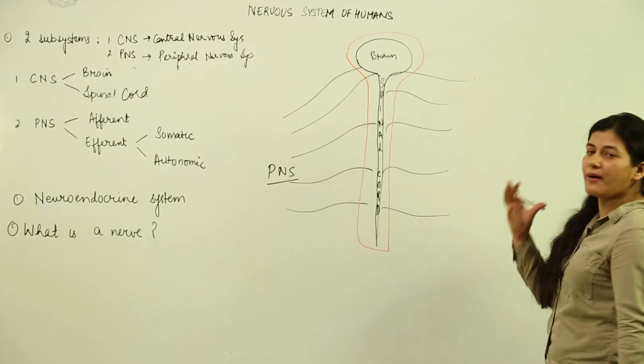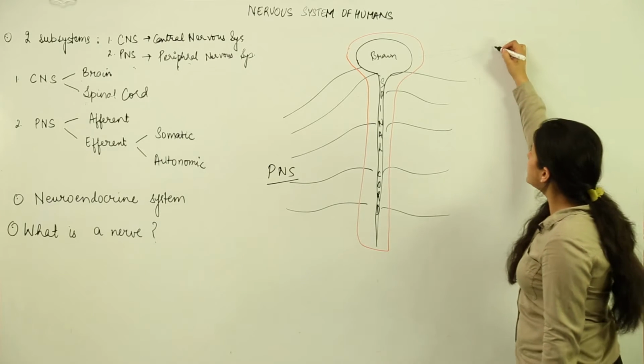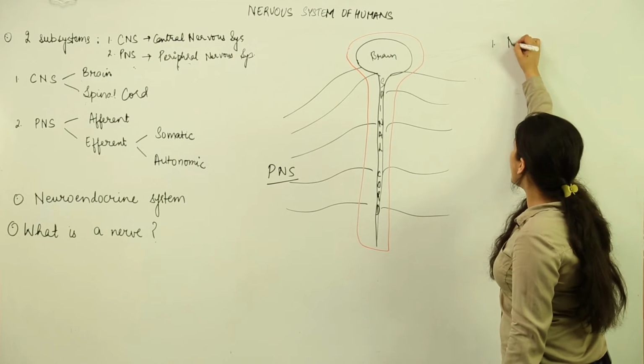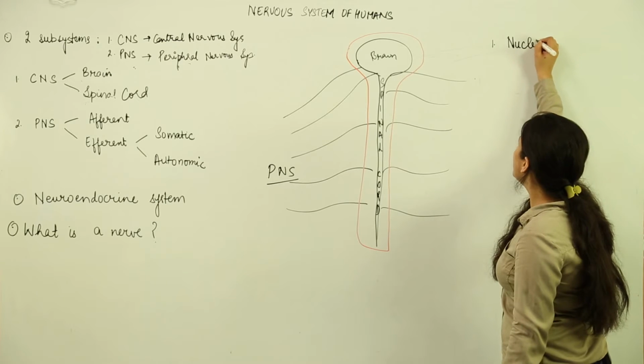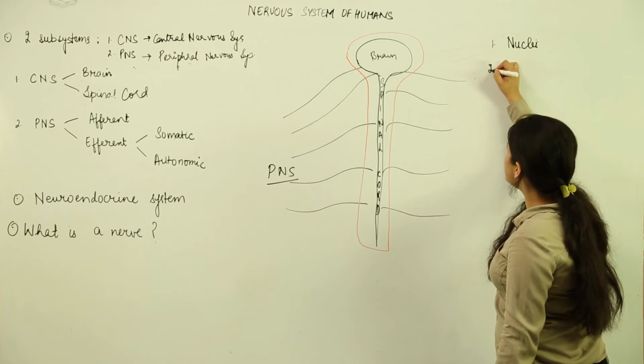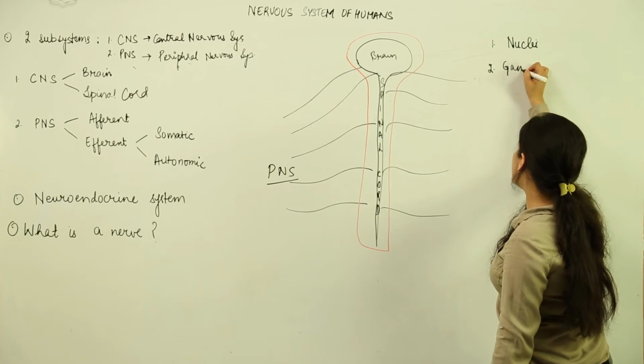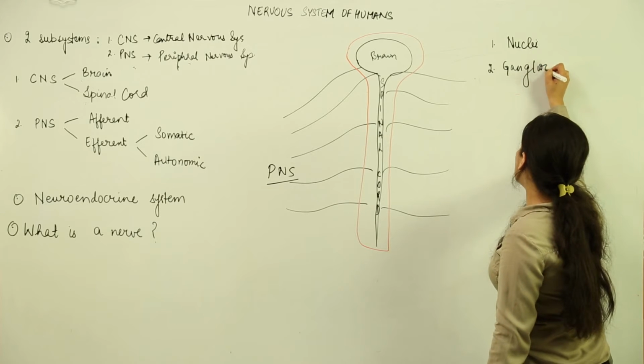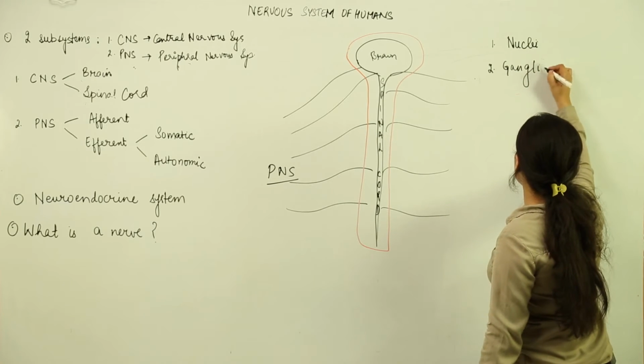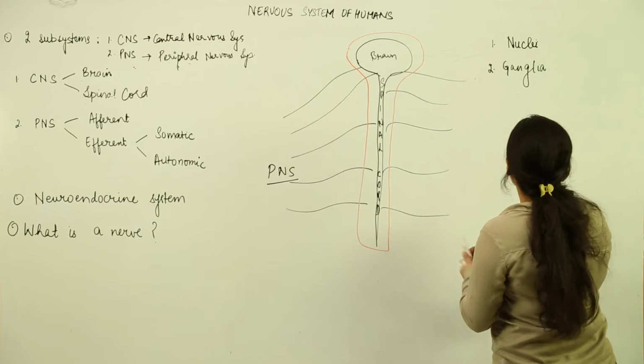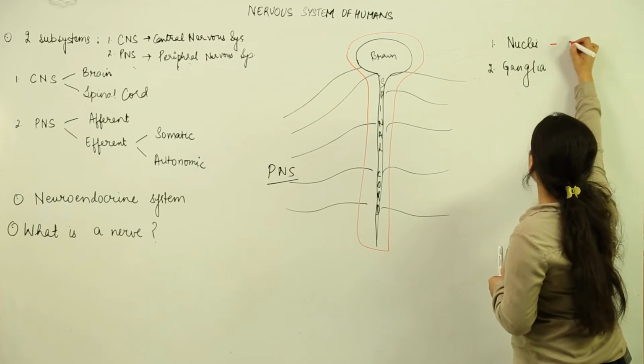Now if there is a bunch of neurons inside the central nervous system, that is known as nuclei, and if it is in the peripheral nervous system, that is known as ganglion, or ganglia in the plural. The first distinction is this, that nuclei belong to the central nervous system.